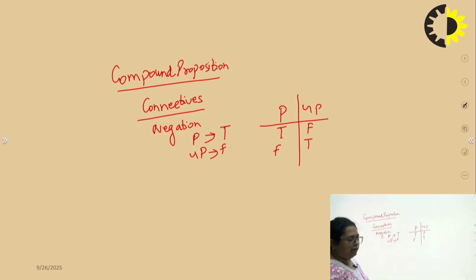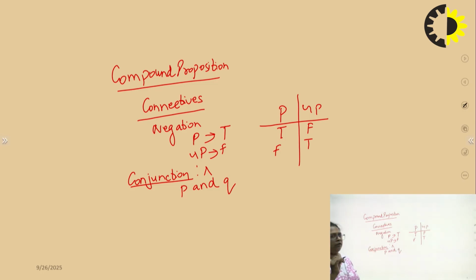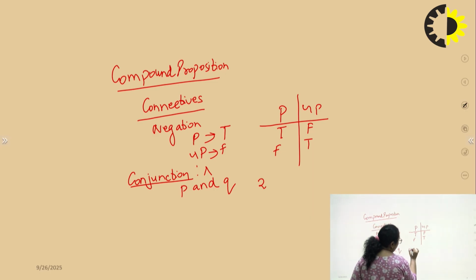So next is conjunction. Conjunction means intersection, and it is denoted by this symbol. Suppose we have two propositions P and Q. How many cases will we have? If we have two propositions, then 2 to the power 2, that is 4 cases.